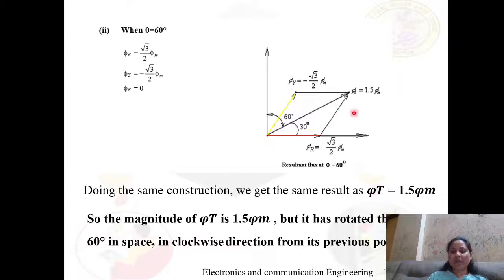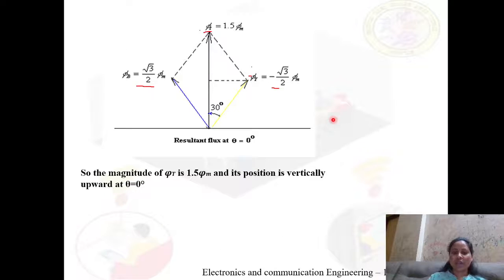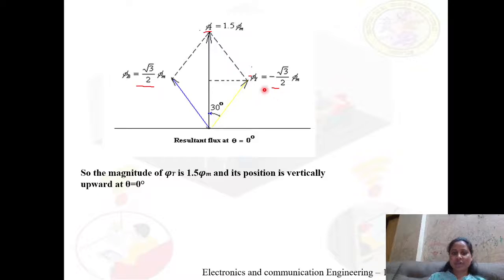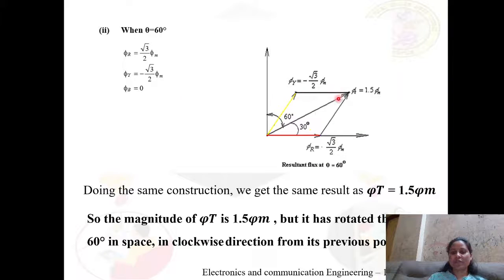By looking at this diagram, the total flux produced is 1.5 times the maximum flux, but its position has now moved in space in clockwise direction by an angle of 60 degree. Compared to the first diagram, which was vertically upward, it is now rotated 60 degree in clockwise direction.